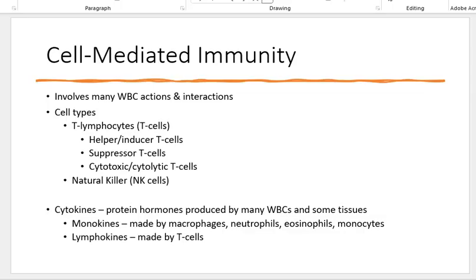Your cytokines are small protein hormones produced by many white blood cells and some other tissues. There are two types: monokines, which are made by the macrophages, neutrophils, eosinophils, and monocytes, and lymphokines, which are made by the T cells.